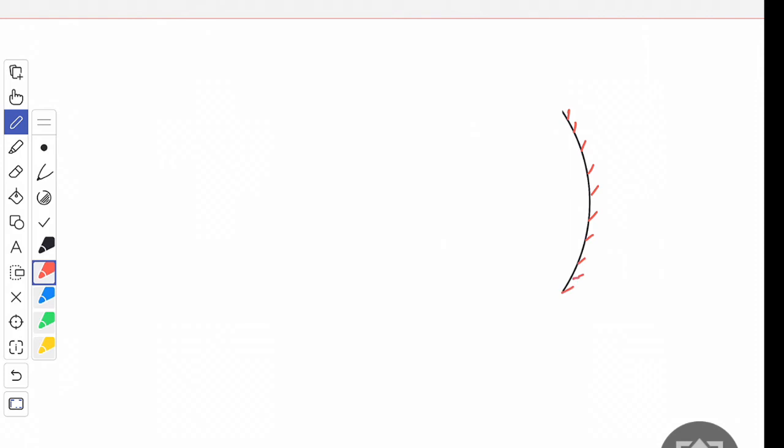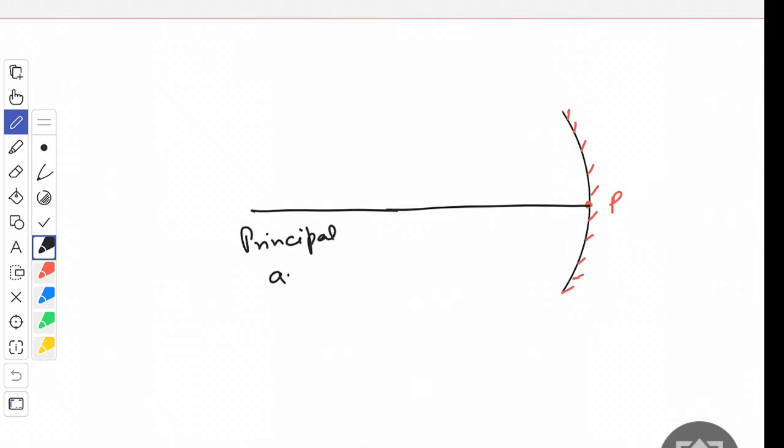This is the center, and this is the pole. I'm going to write P here, and I will draw a line. This line is my principal axis.